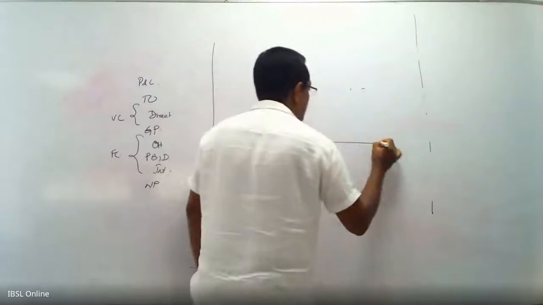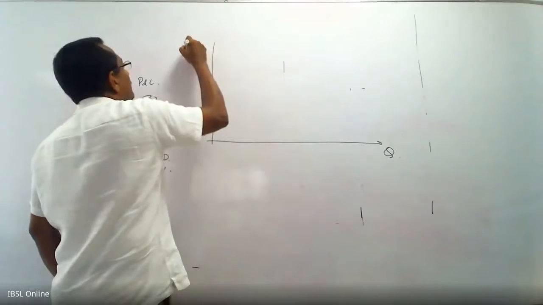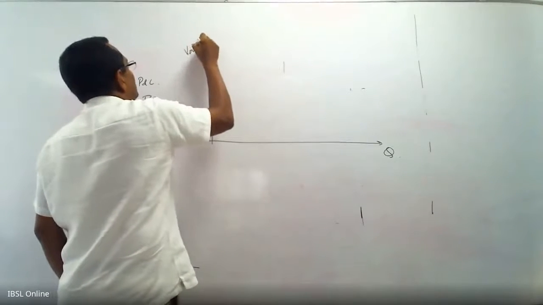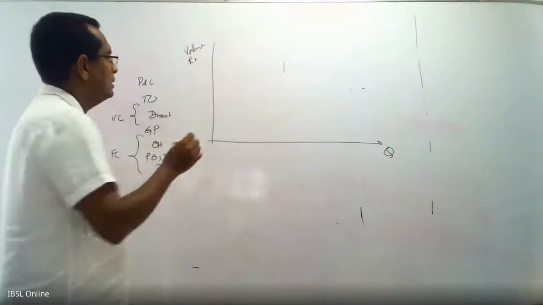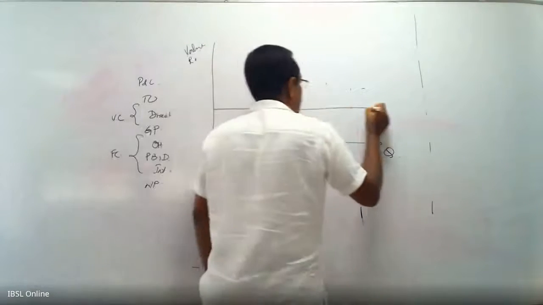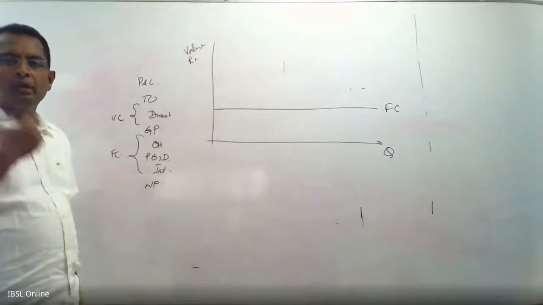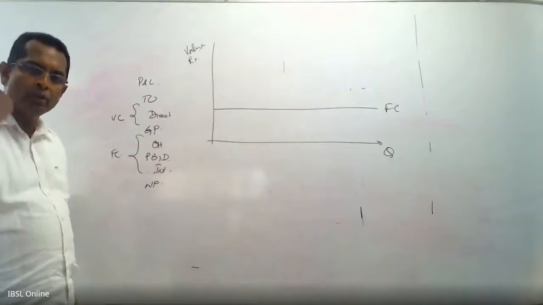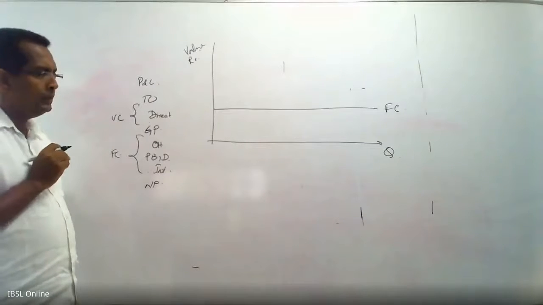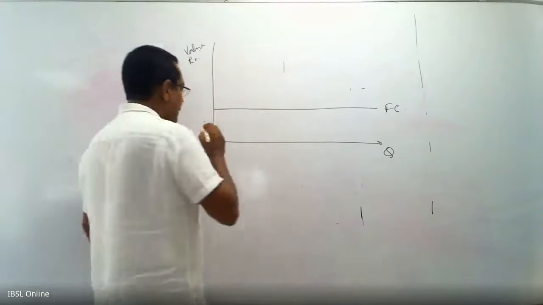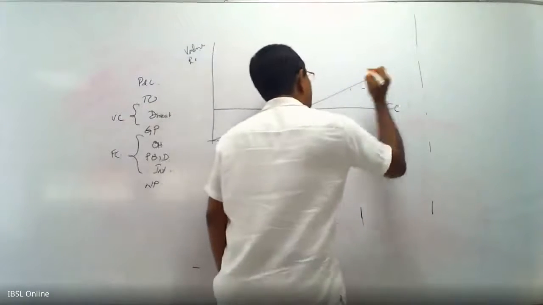So you take quantity versus value or cost in rupees. Right? This is the fixed cost. You like it or not, you produce or not, you sell or not, you have to incur that cost. Right? Then you have variable cost like this.